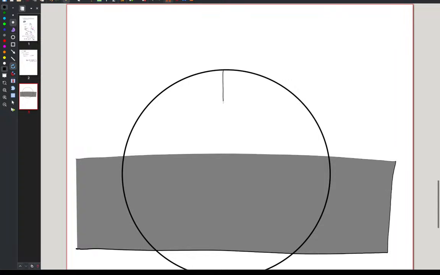So this is the angle that I'm walking up the hill. If I'm at an 80-degree angle trying to climb a semicircular hill, how steep is the hill? Very steep.